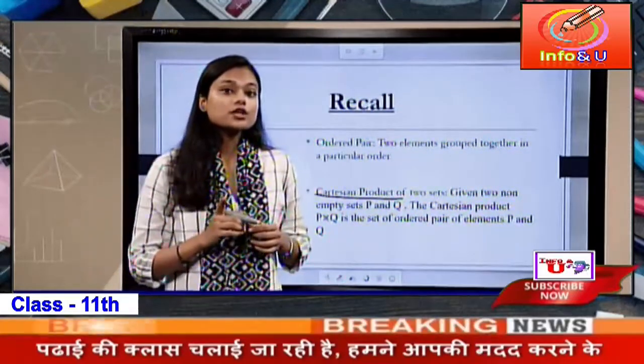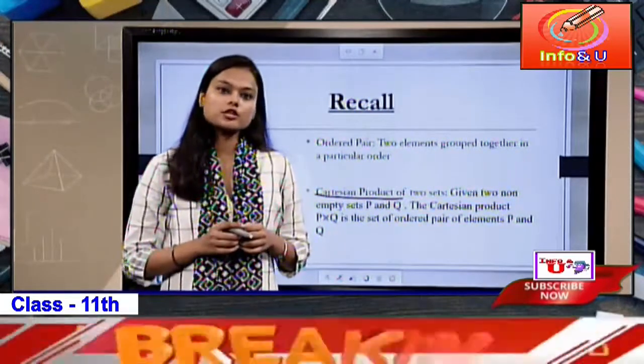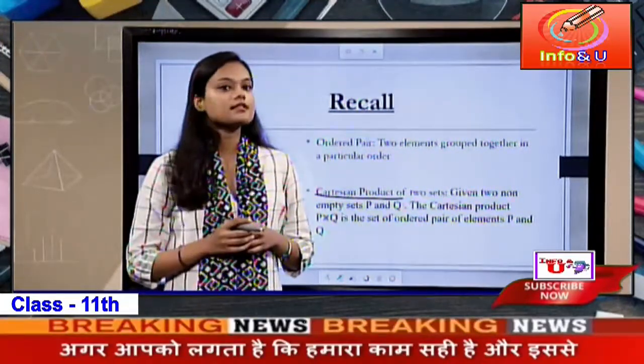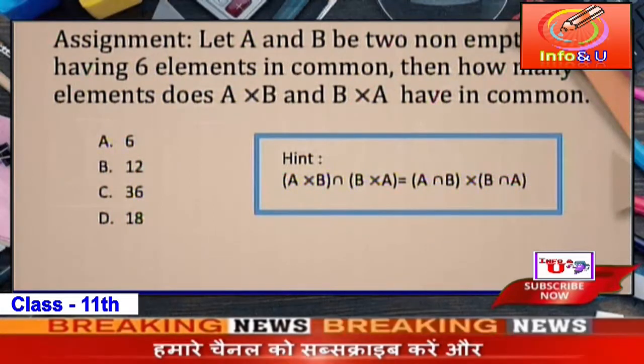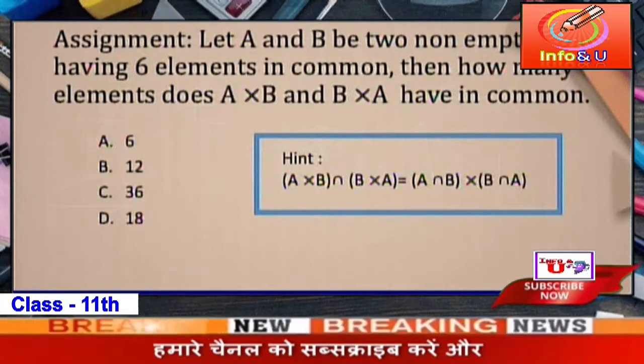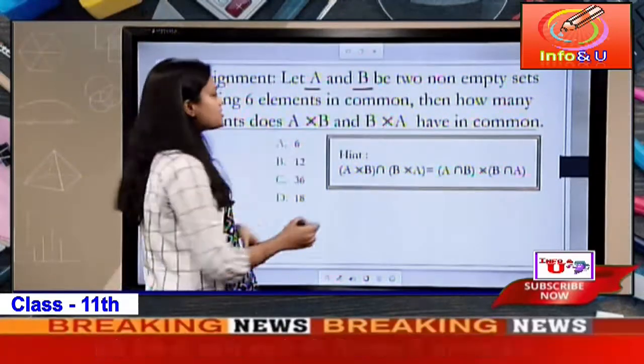Students, I have given you one assignment. Hope you have solved that particular question. So let us see the answer of it. This was the question in which two non-empty sets A and B were given, with 6 common elements between these two sets.